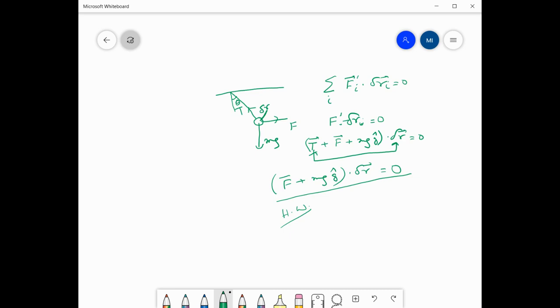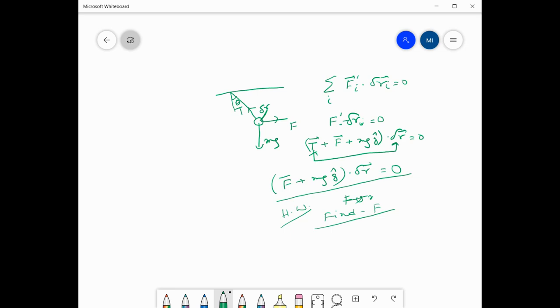So find the relation between F and G, in terms of G of course. So using the principle of virtual work, it will be this.